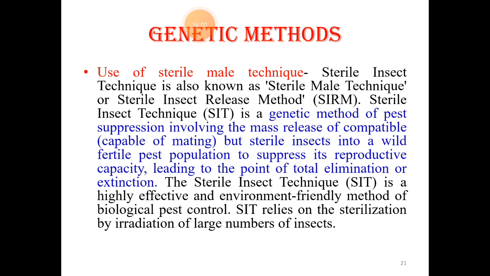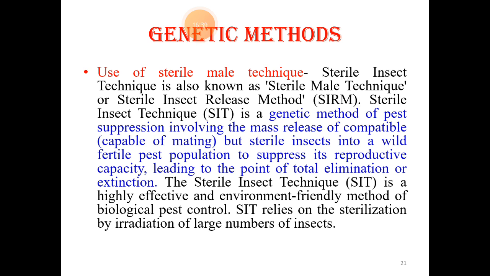One important sterility technique induced in the pest population is the sterile male technique. It is also called the sterile insect technique or sterile insect release method. In this type of genetic control method, the sterility is induced in male insects. Understand? Male insects are selected to induce the sterility.